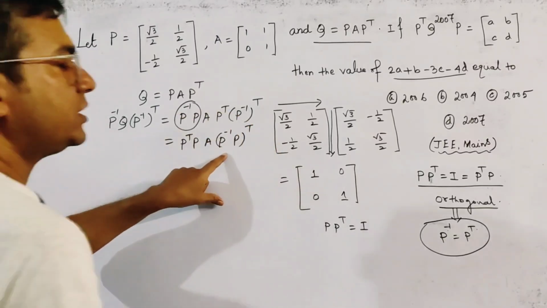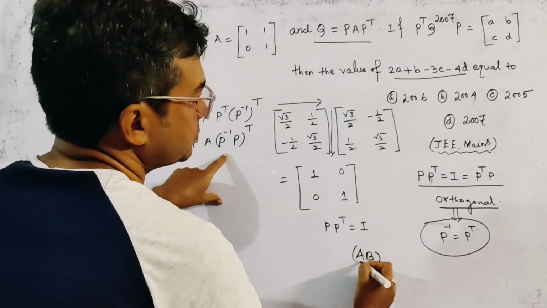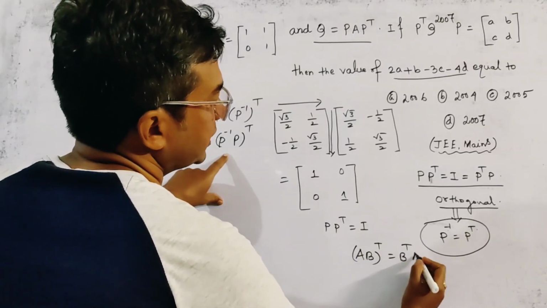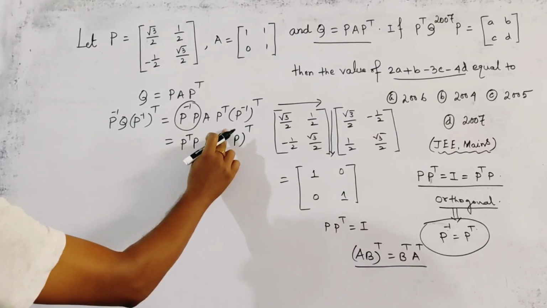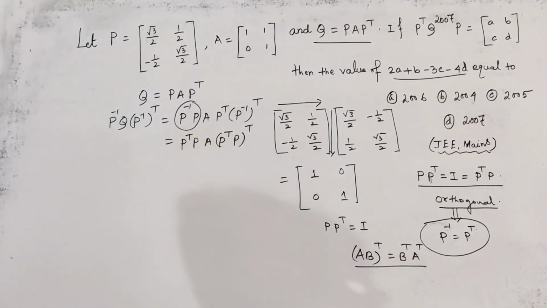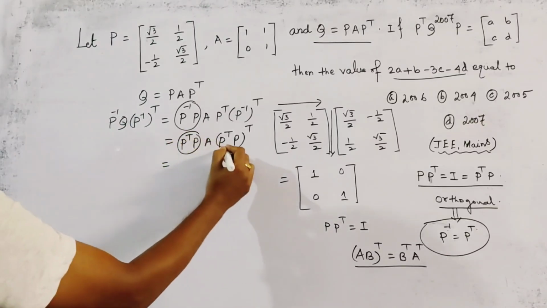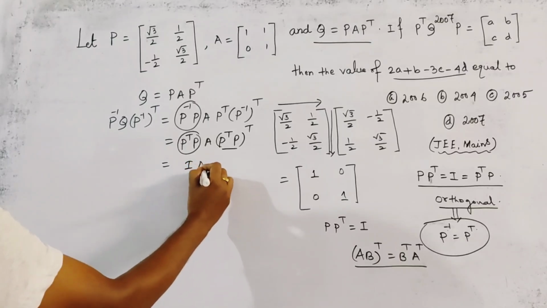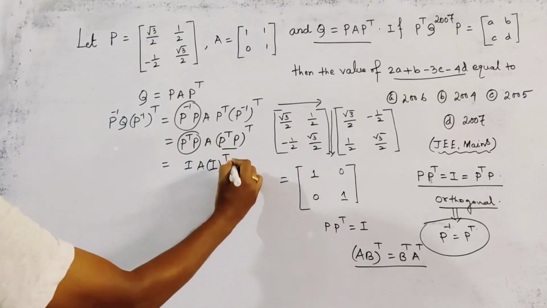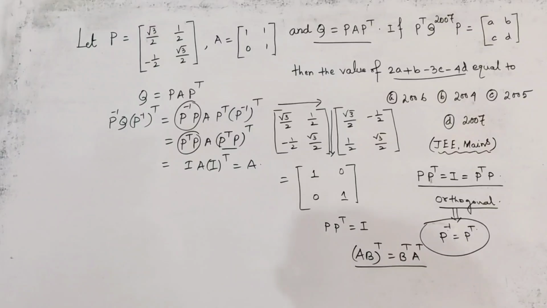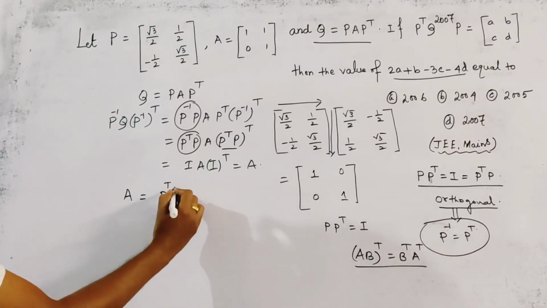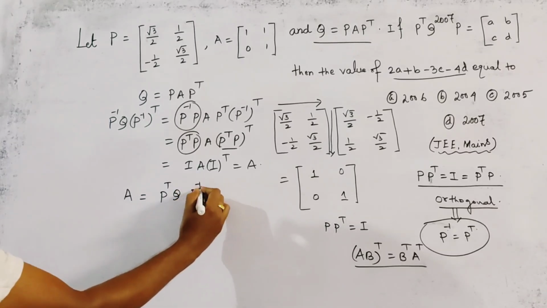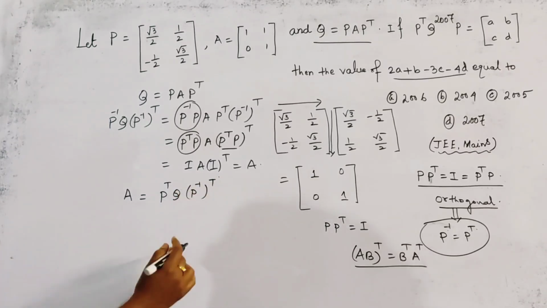We use another property of matrices: AB whole transpose is B transpose A transpose. And clearly P inverse is also P transpose for an orthogonal matrix. We put the values here: this is I A, this is I transpose, which is given by A. So we get the relation A equals P inverse Q, P inverse whole transpose.